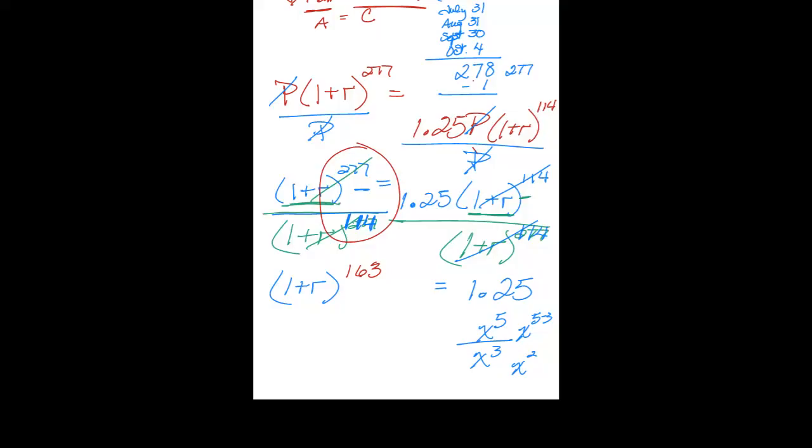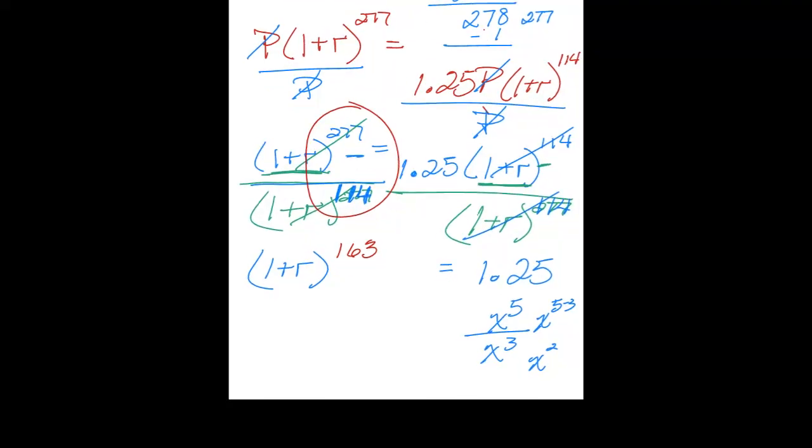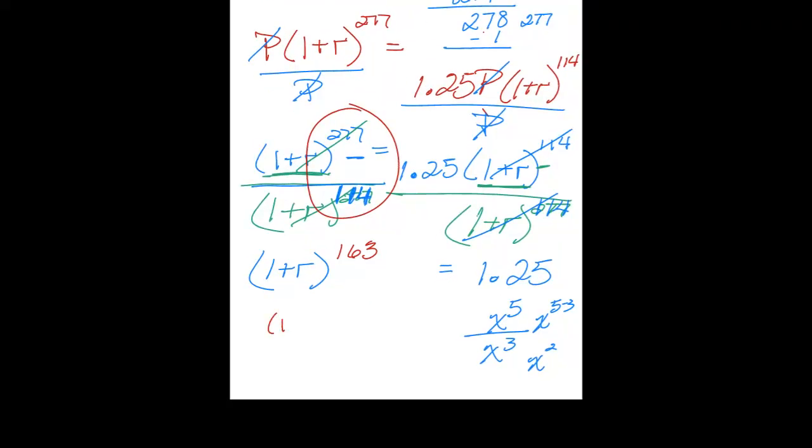Okay, so we're trying to solve for r. This is kind of like what we did yesterday. So I have 1 plus r to the 1/63rd power is equal to 1.25. I'm trying to get r by itself. Basically, I have 1 plus r multiplied 163 times. I can't do that.